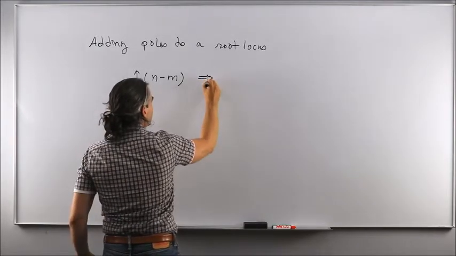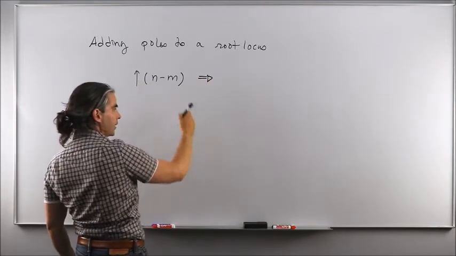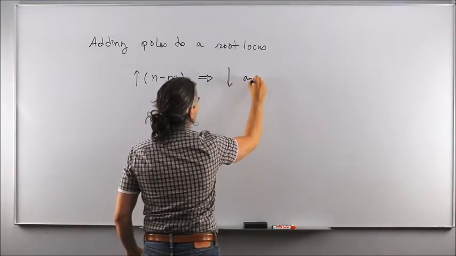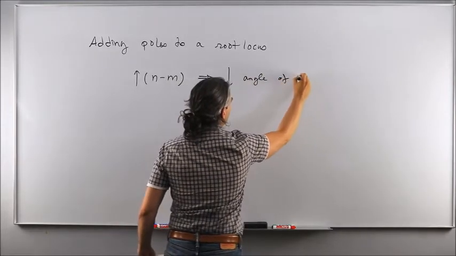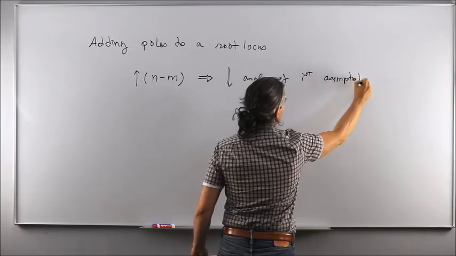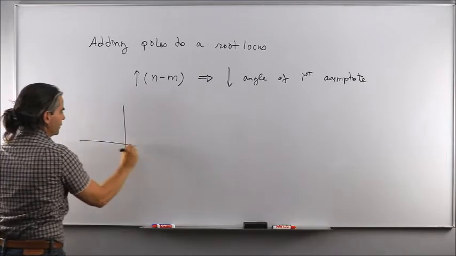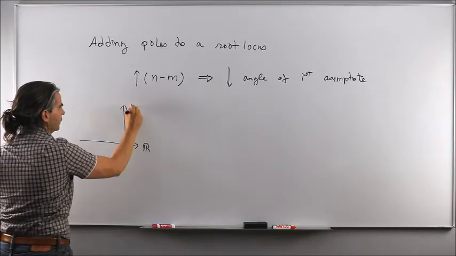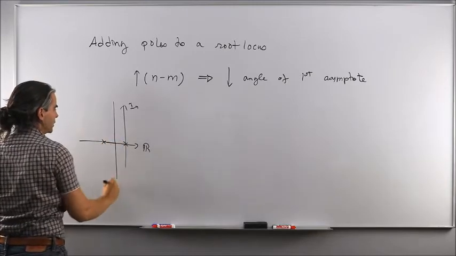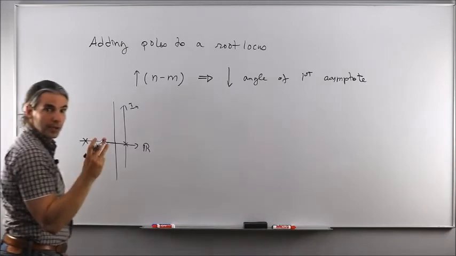And furthermore, if you look at the orientation of the asymptotes, measured counterclockwise positive from the real axis, we're going to lower the angle of the first asymptote. Right? Again, going back to the quick sketch we had, real, imaginary, 1, 2. So 2 poles, 2 asymptotes. Now, if I were to throw a third pole here, you know that we end up with 3 asymptotes.